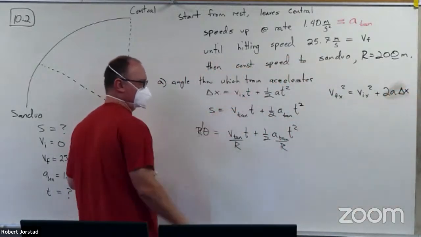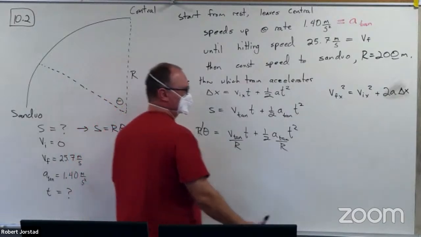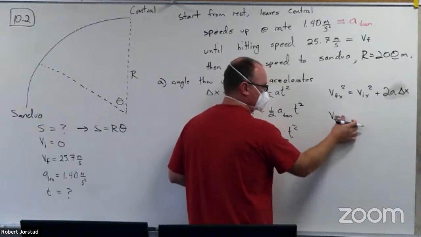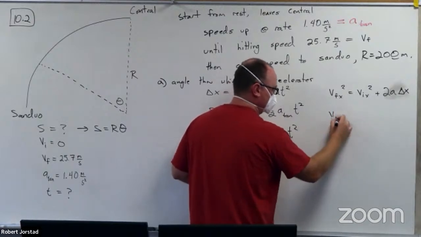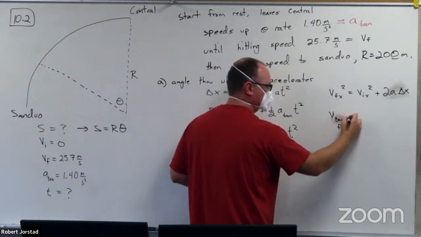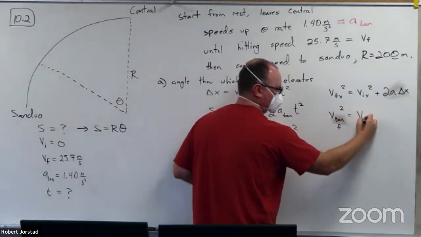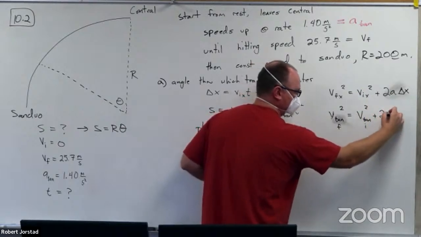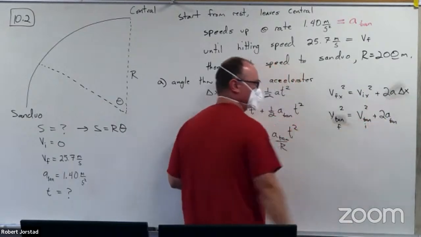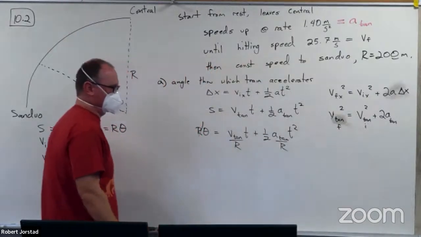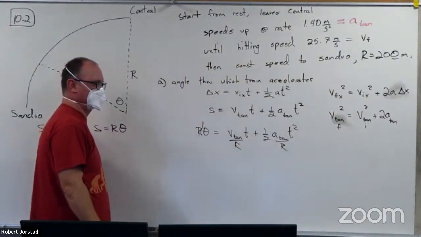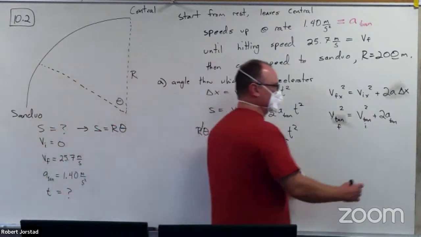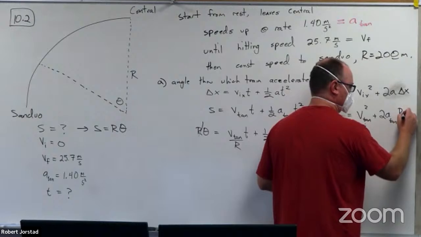V final squared would be V tangential final squared equals V tangential initial squared plus 2 a tangential. What would delta X become? S, which is R delta theta.